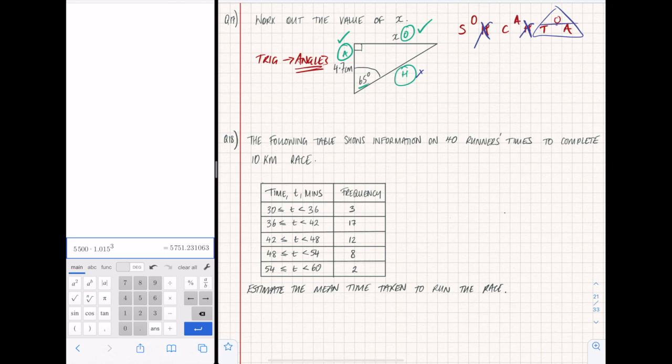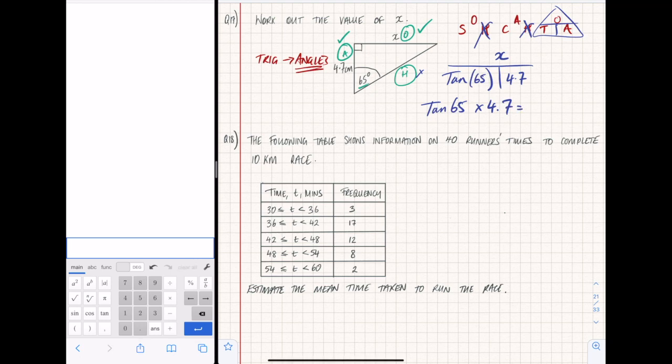All I then do is treat that as a formula triangle. I write down tan, and I've got the angle, so 65. The opposite in this case is x, because that's what I'm trying to find, and the adjacent is 4.7. What you then do is you cover up x, and you're then doing tan 65 times 4.7.